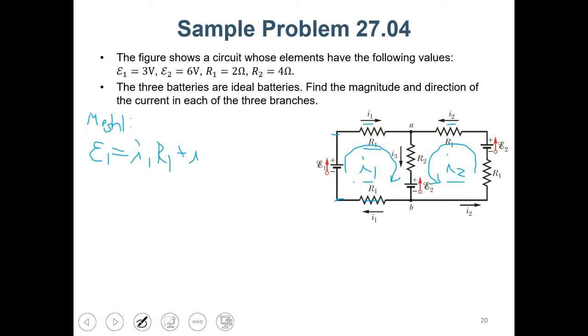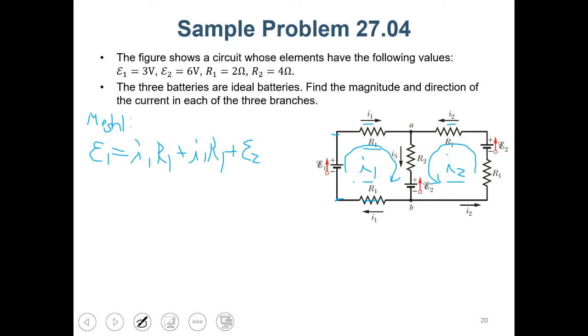So we have I1 R1 also. And E2 is also a voltage drop. So E2 has a plus sign.